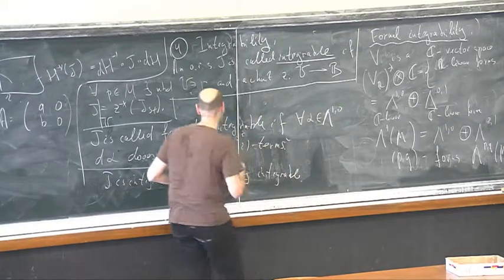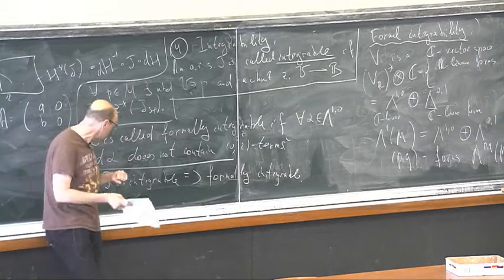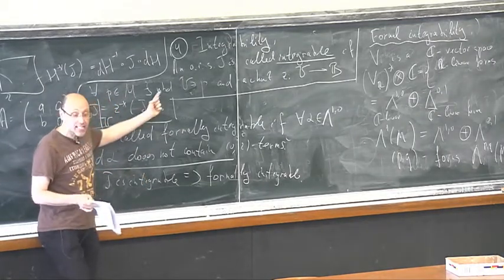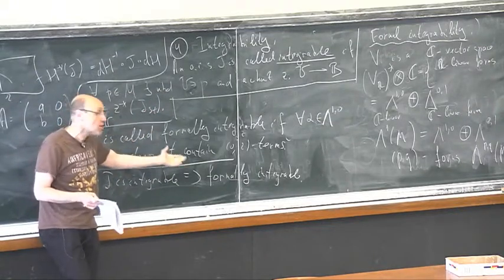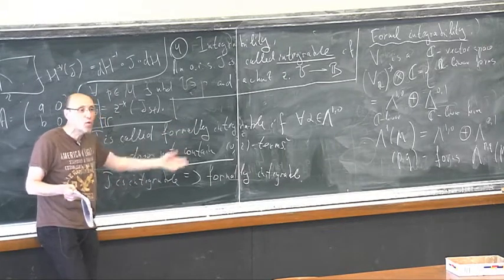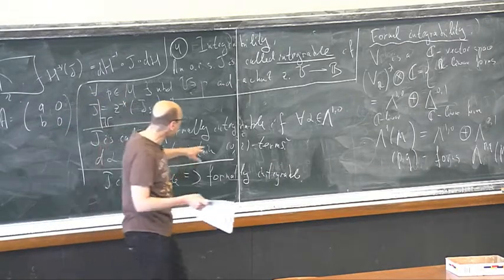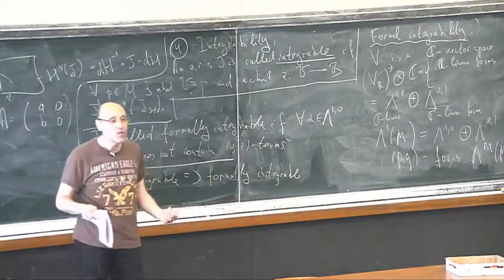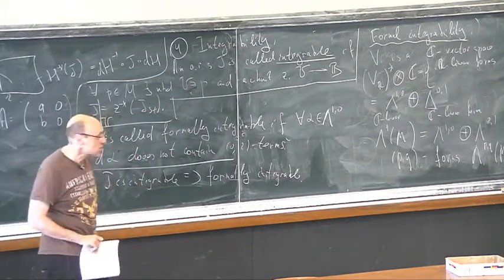Well, because this notion is essentially local, it suffices to check it in the neighborhood of every point. And if your structure is integrable, then in the neighborhood of every point it is biholomorphic to the standard structure. And the standard structure is, of course, formally integrable. If you consider any (1,0) form and you take the exterior derivative, there are no (0,2) terms when you consider the standard structure.